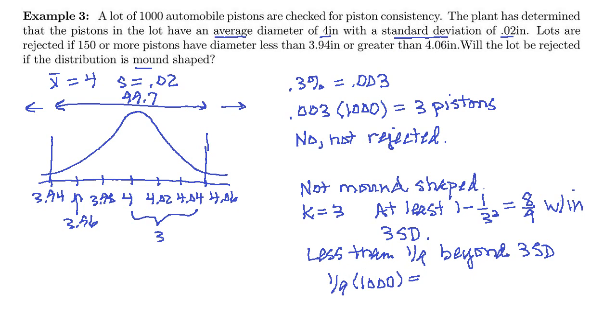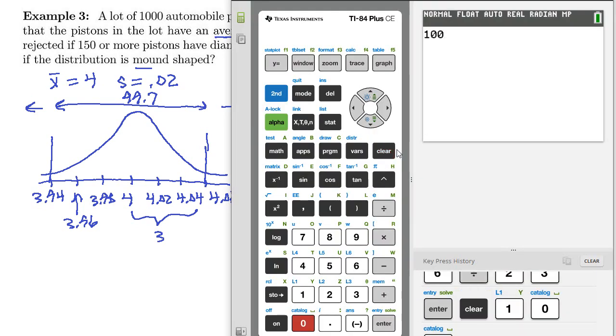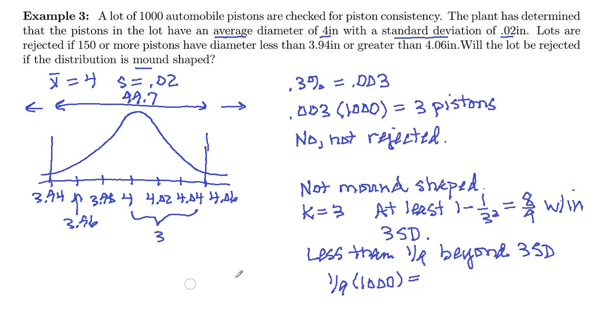So let's see here. 1,000 divided by 9 is 111. So less than 111 pistons. So it's going to be less than 1/9 or less than 111 pistons. Still not over 150. So no, not rejected.